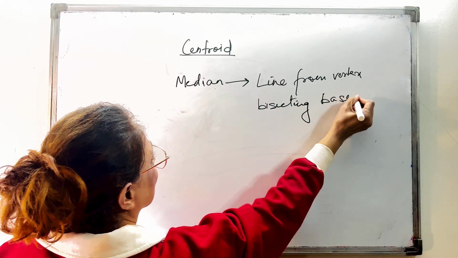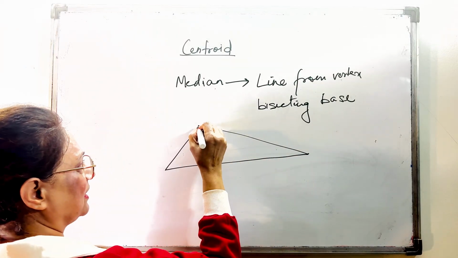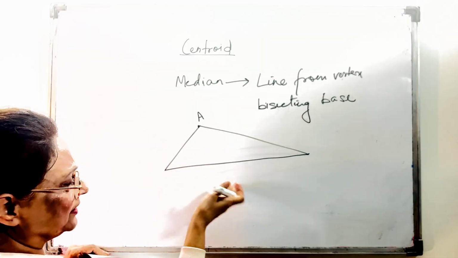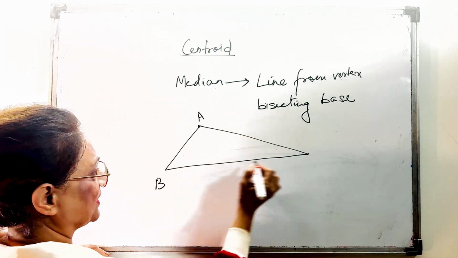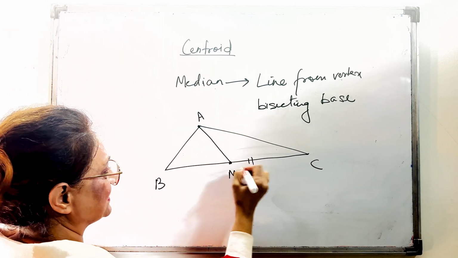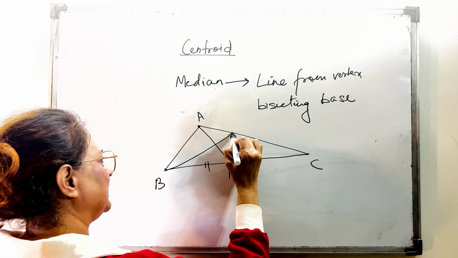So median is a line from the vertex to the opposite side, the base. From vertex A, this median will just bisect this base. Clear? Similarly, there are three medians in a triangle.